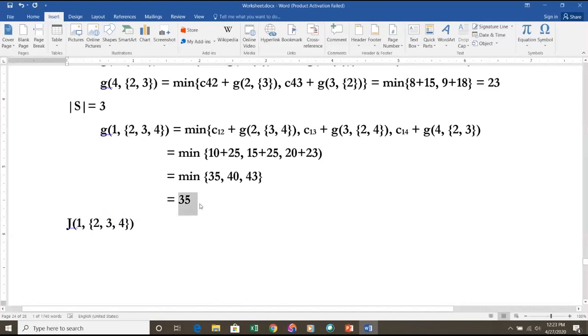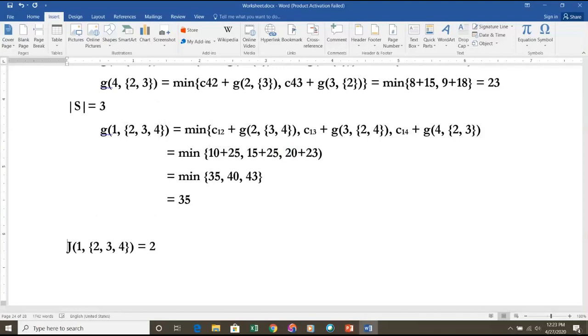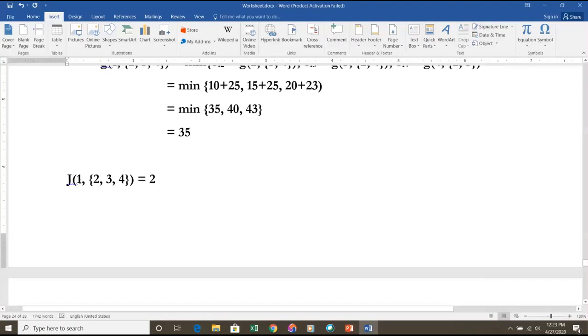You had three options: 2, 3 and 4. For which of these did you get 35? You got 35 for the first value, and the first value refers to 2. So let us write it as 2. That means the path will be from 1 to 2.